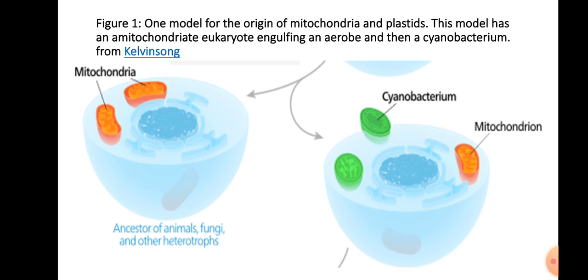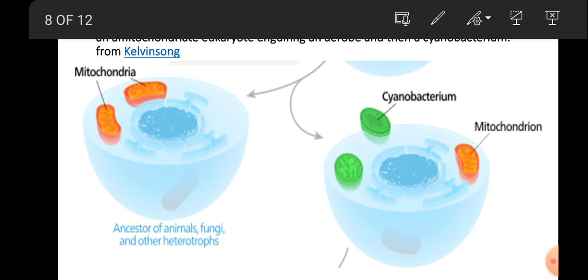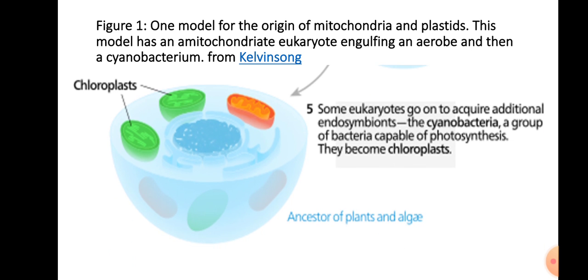Now, after this, you see that two mitochondria are already inside of the cell, and then a cyanobacterium also enters the cell. Some eukaryotes go on to acquire an additional endosymbiont. The cyanobacteria, a group of bacteria capable of photosynthesis, become chloroplasts.